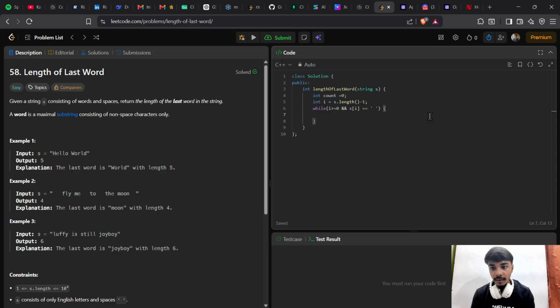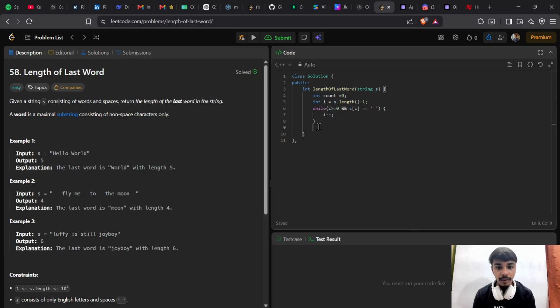While i is greater than or equal to 0 and s of i is equal to space, then i minus minus. What we are doing here is, if i is greater than or equal to 0 and s of i is space, then i minus minus. We are traversing the loop backwards. So if there is space, then i will be reduced, and the value of i must be greater than or equal to 0, so that it doesn't go out of bounds.